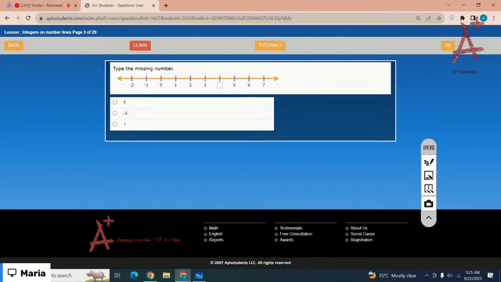So which number is missing? The correct option is, yes, you are on the positive side of the number line, so the number would be positive. That would be positive 4. Very good.